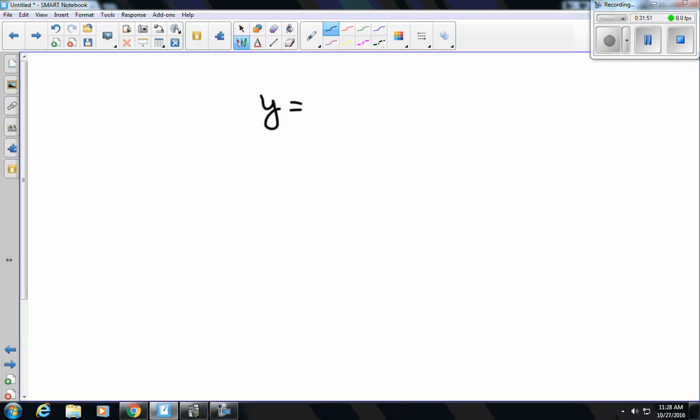Y equals plus or minus A, and then we've got a trig function. I'm just going to use sine. Parentheses B theta, plus or minus C, actually C with pi, and then plus or minus D.